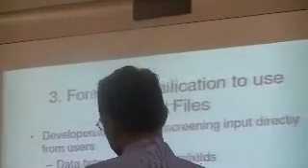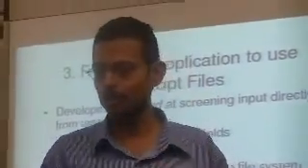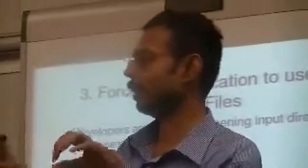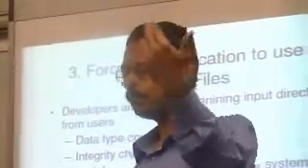Similarly, when you get inputs, you normally get inputs from the user, right? Your end user can enter input for some values as you write the program. But sometimes you get input through files. You read from the file, process whatever you read from the files in your program, and proceed further. Again, programmers have a tendency to trust inputs read from a file more than inputs read from the user.